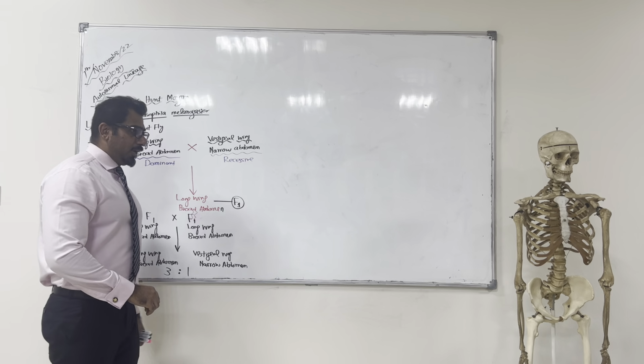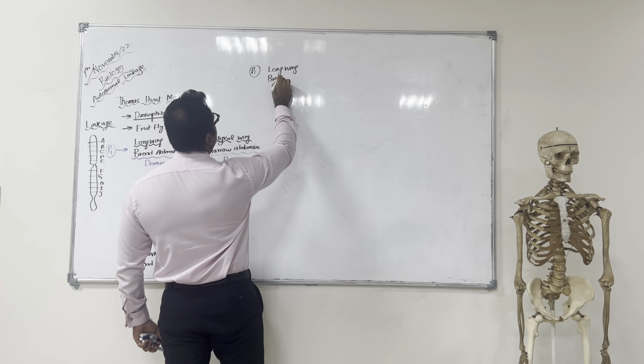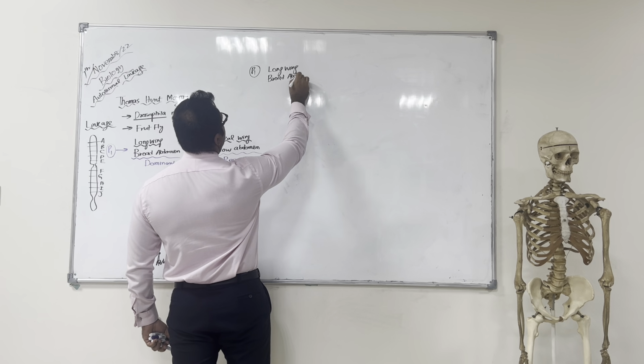Now I am going to show you how we represent it. First of all, what do we have? The P1 type, we had long wing and broad abdomen, and we had to cross it with vestigial wing and narrow abdomen.